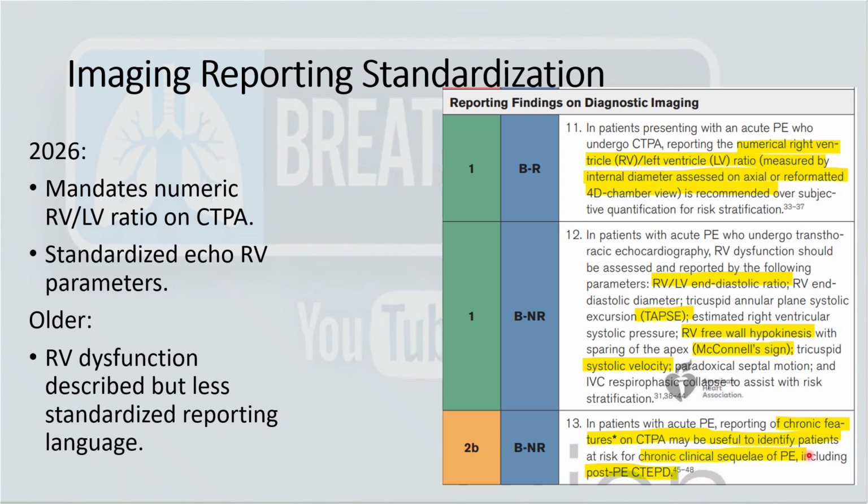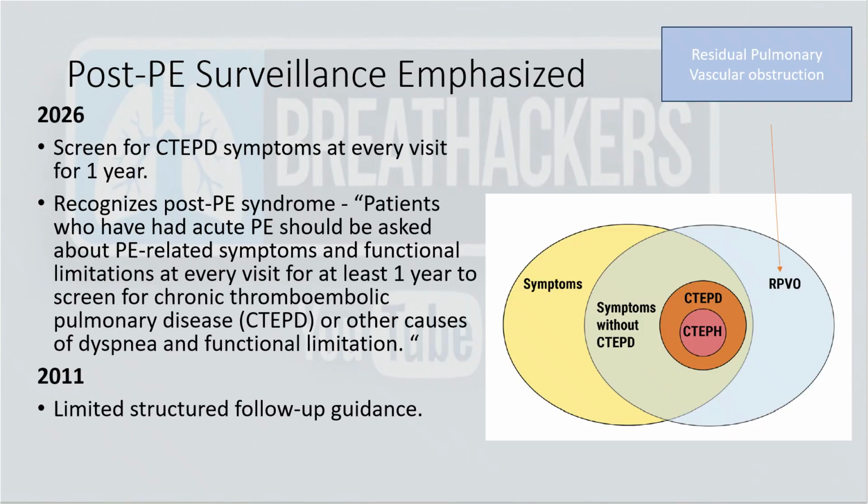And also in patients with acute PE, reporting of chronic features on CTPA so that we can identify patients who are at risk of chronic clinical sequelae of pulmonary embolism, including post pulmonary embolism CTEPD, chronic thromboembolic pulmonary disease. Then they have given more focus on post pulmonary embolism surveillance. It has been emphasized.